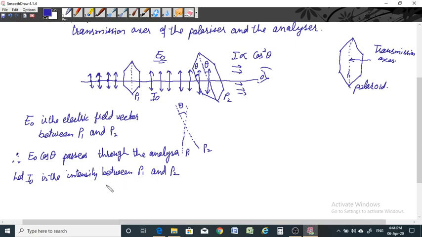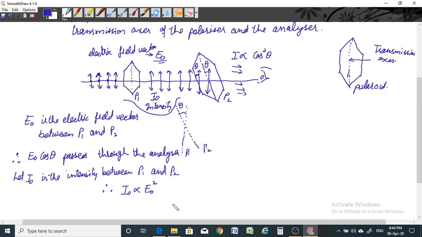Therefore I naught is directly proportional to E naught square.